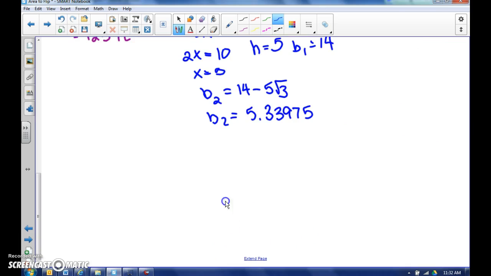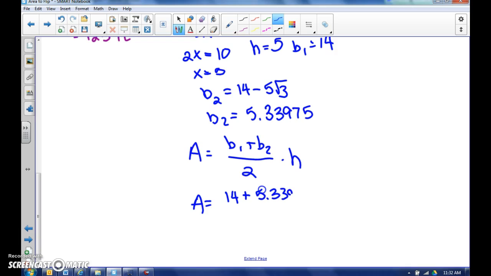Now, I'm going to plug these into my area formula. Area equals base 1 plus base 2 divided by 2 times the height. That's area equals, base 1 was 14, base 2 was 5.33975 divided by 2, and all of that is then going to be multiplied by my height of 5. So I'm going to jump back into my calculator now and do just that.